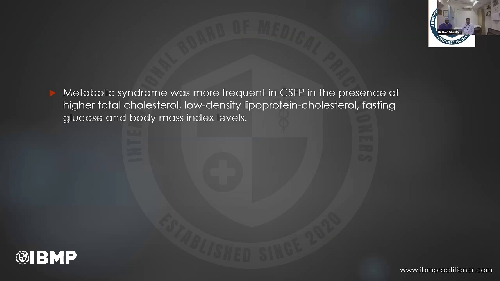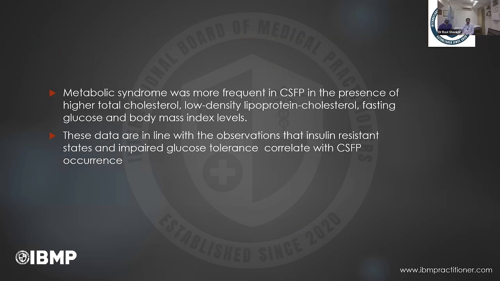Metabolic syndrome is also very common with slow flow: higher total cholesterol, LDL cholesterol, fasting glucose, and high BMI levels are also prone to slow flow. And insulin resistance is one of the important factors.